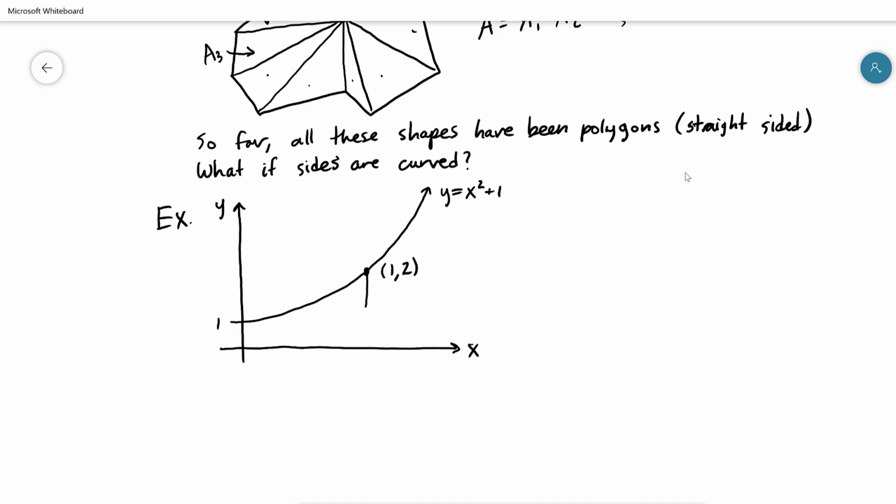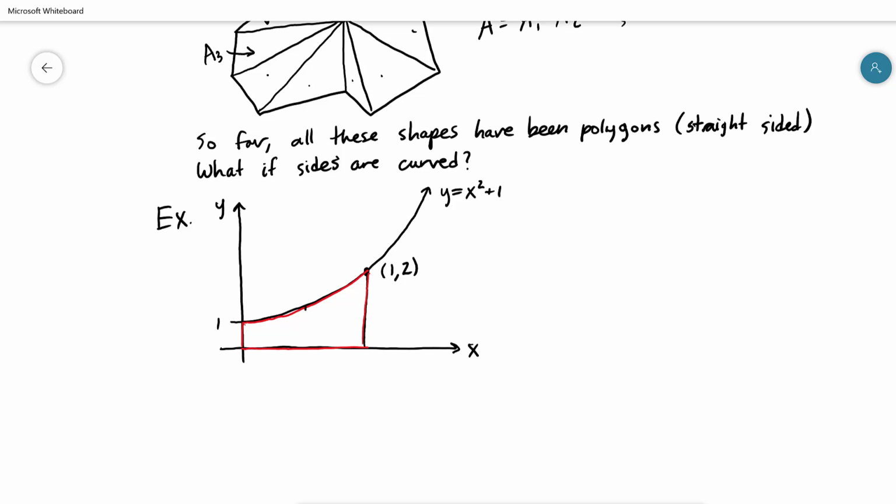And maybe I'm interested in finding the area of this region from here to here underneath the curve. So there's the region that I want to find the area of. I can do that by starting to chop this up into little pieces the way that we did before.